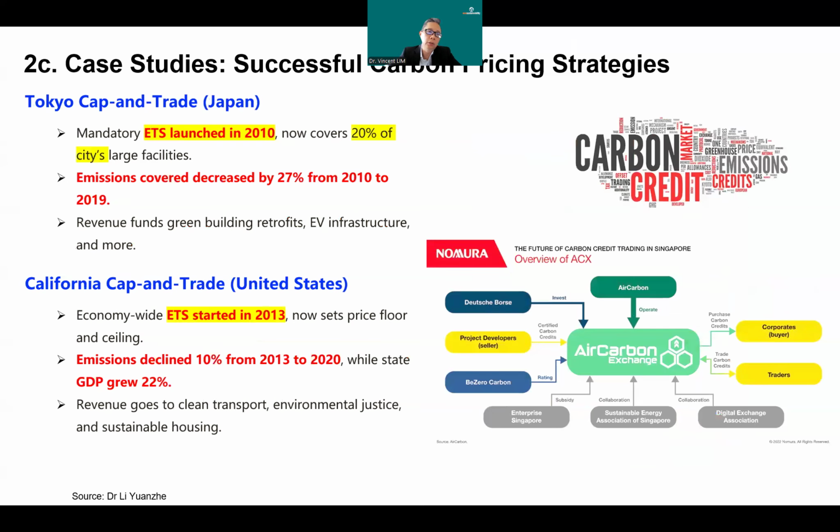The Kyoto Protocol was started like COP3, and Tokyo Cap and Trade, Japan, launched in 2010. I think Japan is doing all the really good things. So Tokyo's Cap and Trade launched 2010, now a 27% reduction in terms of emission.